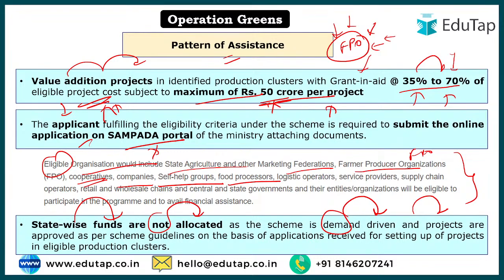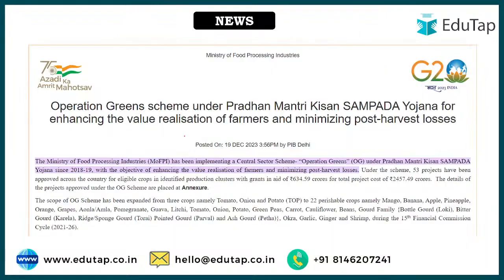So for example, if in Uttarakhand the government has allocated XYZ amount of money, but there are no eligible projects, that money will not be of any use. That is why it's said that state-wise fund is not there. Government will allocate money as per the project. Okay, I hope there is clarity, and that is all about the scheme.